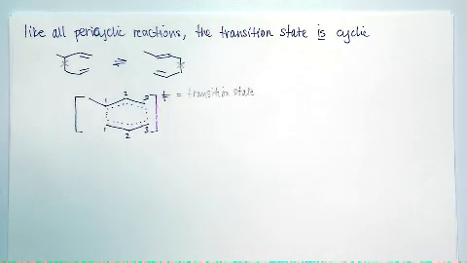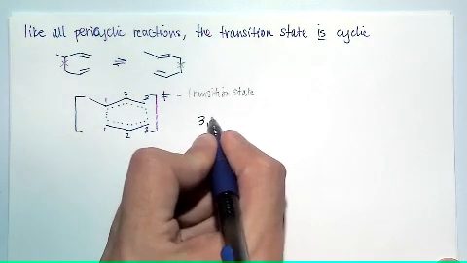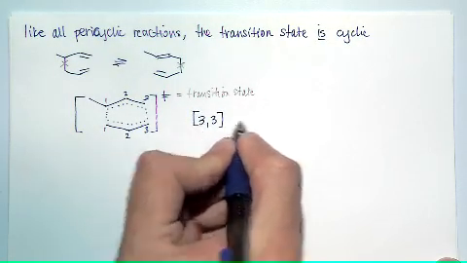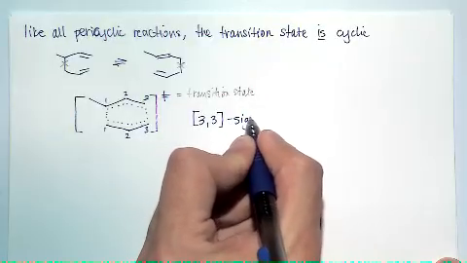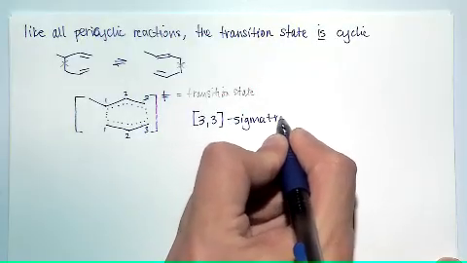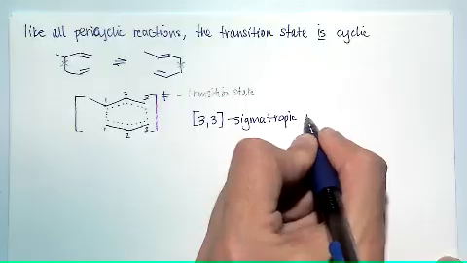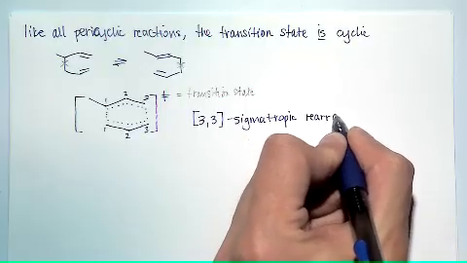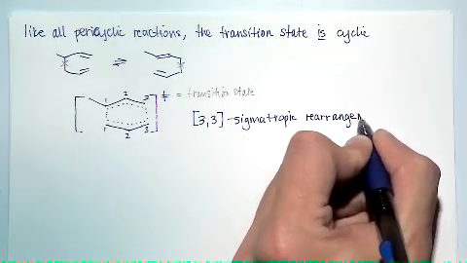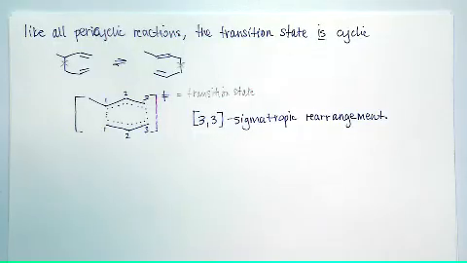For the bottom fragment there's also 3. And so we call this a 3-3 sigmatropic rearrangement.